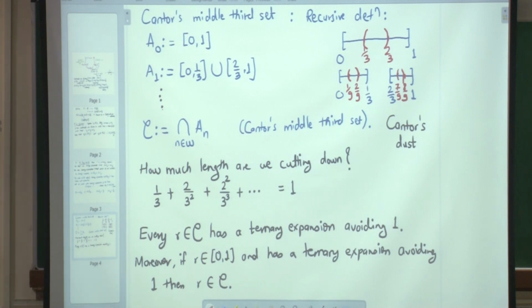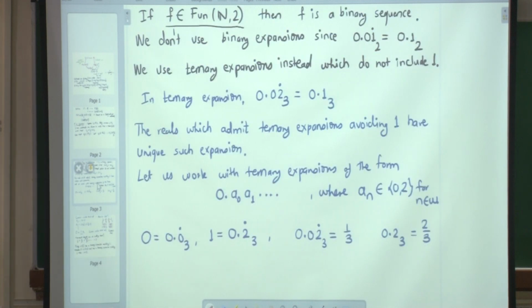And what did we write on the previous slide? That the reals which admit ternary expansions avoiding 1 have a unique such expansion.